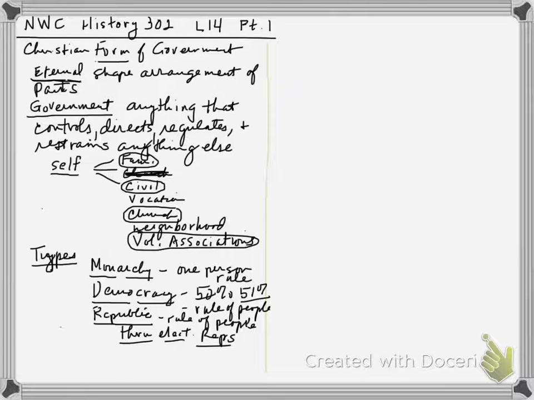Elected representatives. So our founding fathers knew that the true blessing of civil government would not be having a king ruling over you, or having 51% of the people who can be wrong and whose opinions sway and who can be very emotional.